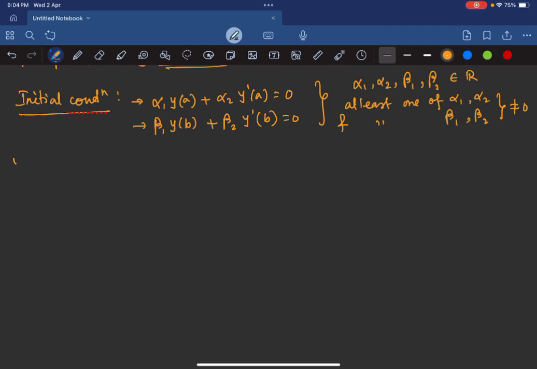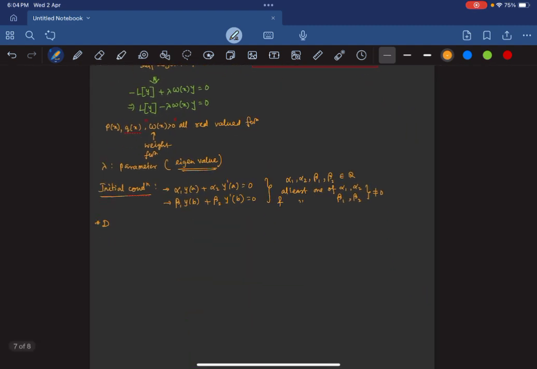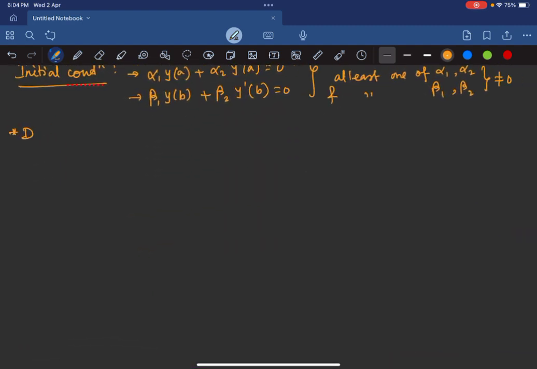there are three types. One is the Dirichlet condition, another is the Neumann condition, another is the Robin boundary condition. Dirichlet condition, if only the y values are prescribed at the initial and terminal points.